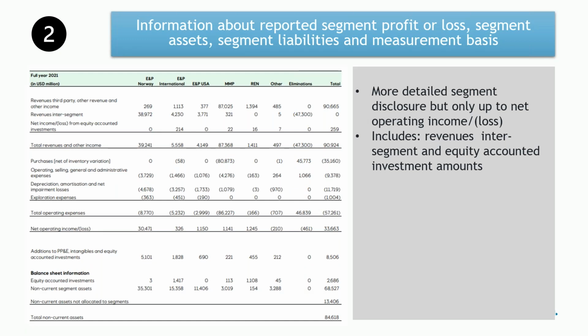I'm not sure from which company this is, but here you also see this revenues intersegment, which we didn't see with MBEF. We see also the equity accounted investments, which was also the requirement, so the carrying value, and the non-current segment assets, what you see in addition. The segments here are really based on a region again.